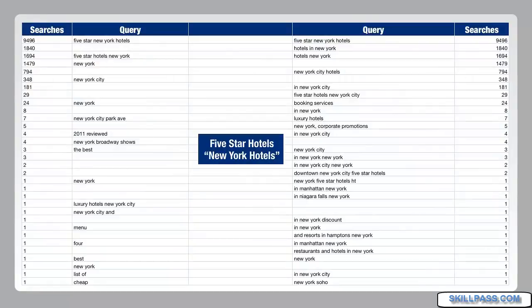Here's how we work. So in the middle is our keyword phrase, New York hotels, with the attribute of also the search being 5-star hotels. So it's a 6-word keyword phrase in the center. Words that come before New York hotels are on the left. Words that came after New York hotels are on the right.